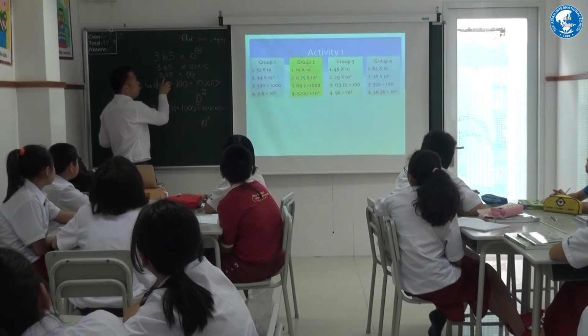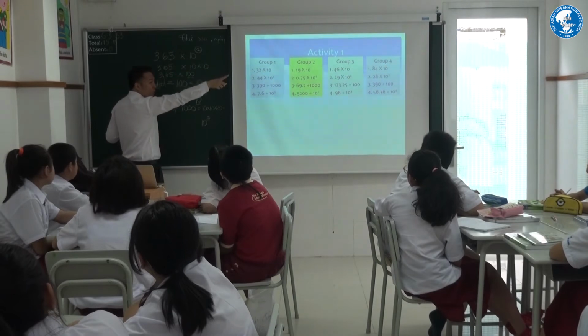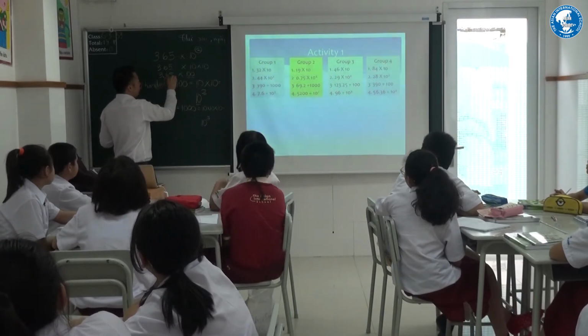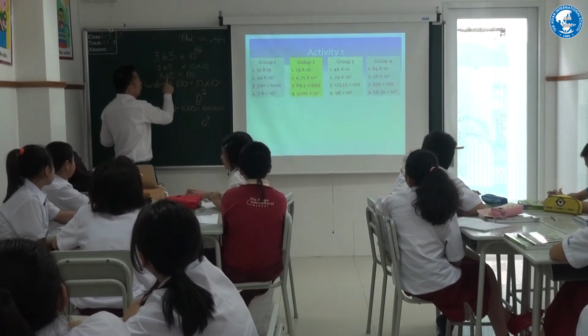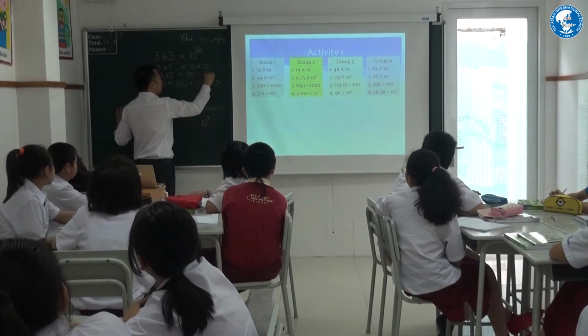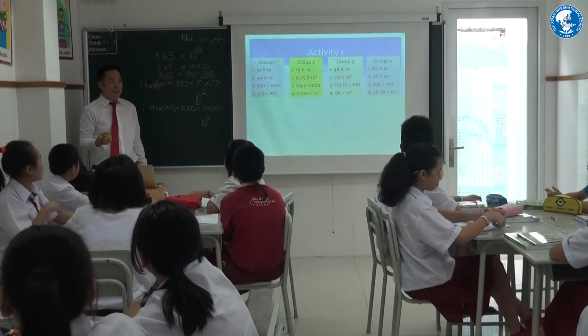That means you're going to move your decimal point to the, where do you move? To the right. Very good. So that's 1 and 2. So therefore, 3.65 times 100 is equal to 365. Is that clear? Yes.